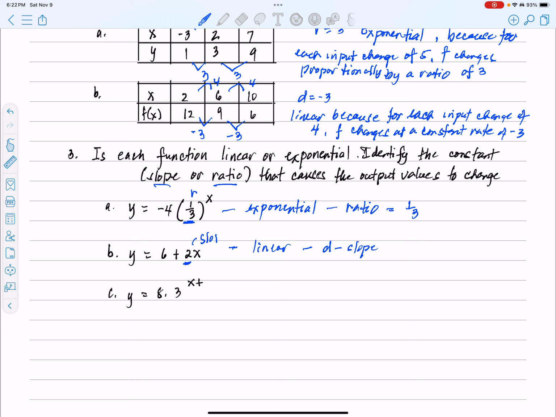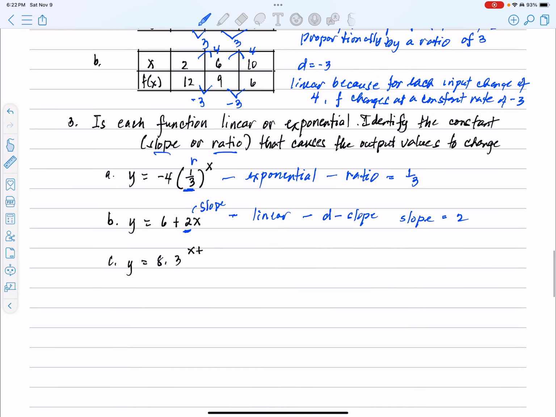That means the slope is 2. Here, this is plus 6. This one is exponential, very clear. So you have a ratio. And what's the ratio here? Right here. The ratio of 3.